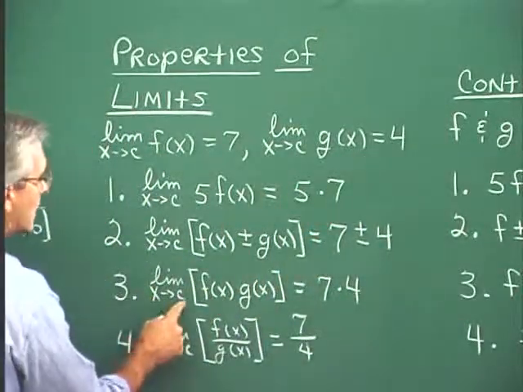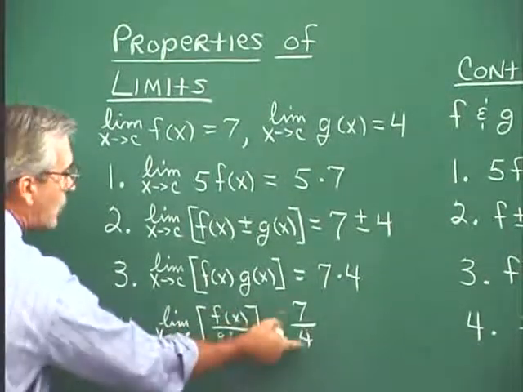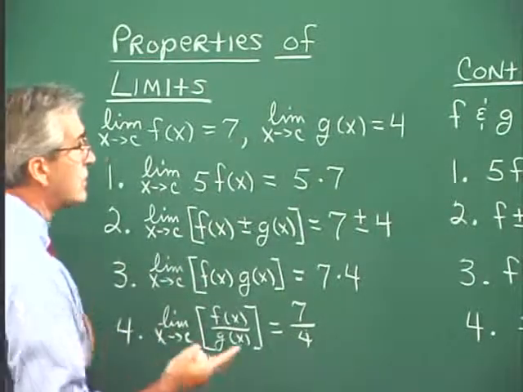And then the limit of the product is the product of the limits, and the limit of the quotient is the quotient of the limits. It just flows intuitively. Well, look at the situation with continuity.